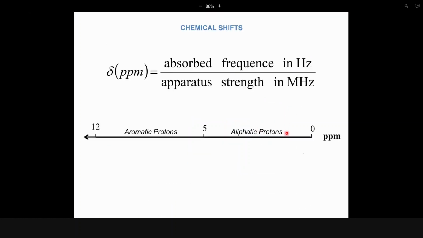So here again, the same relationship between the frequency of resonance of a nucleus, an atom, and the strength of the machine.